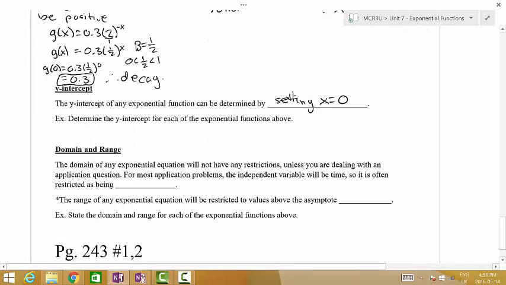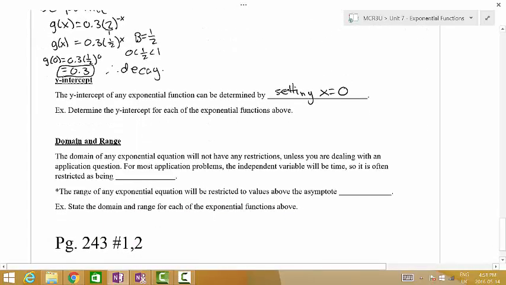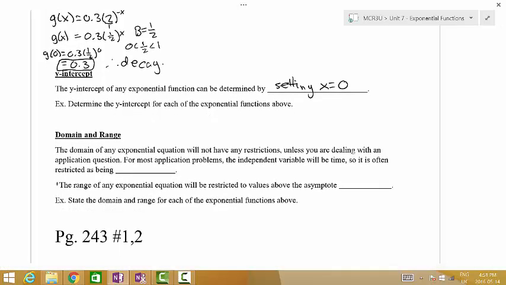And finally, the last thing we're going to look at is the domain and range. With domain, you can pick any value of x and put it into an exponential function, so there usually isn't any restriction on the domain. The only exception is if we're dealing with application questions.